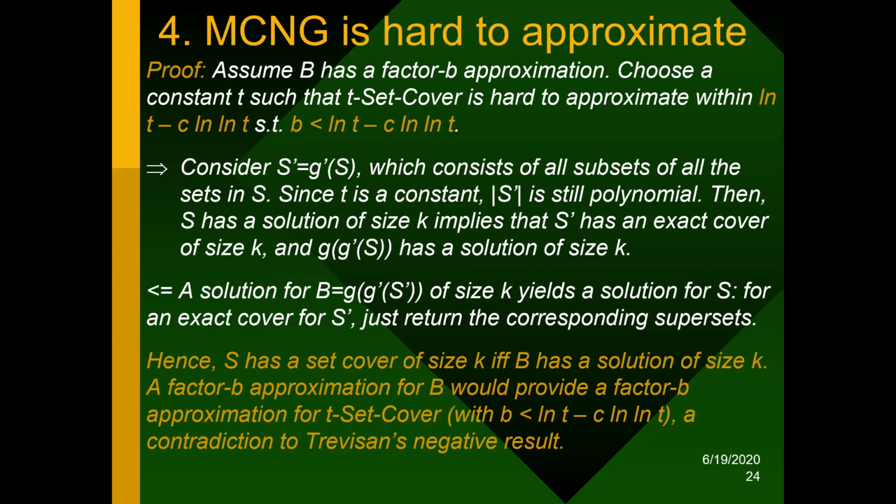So you enumerate all possible subsets in another instance. If this T set cover can be reduced to B, and in this middle problem you enumerate all subsets of a given set, it would give you an exact set cover of size k.